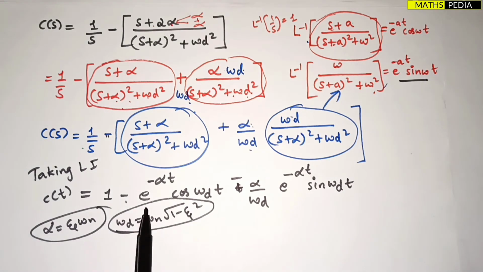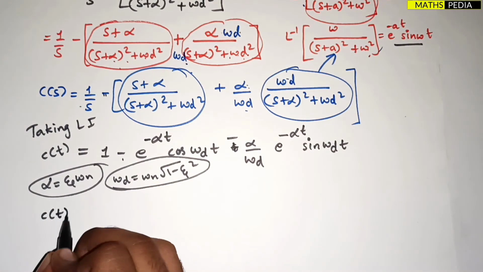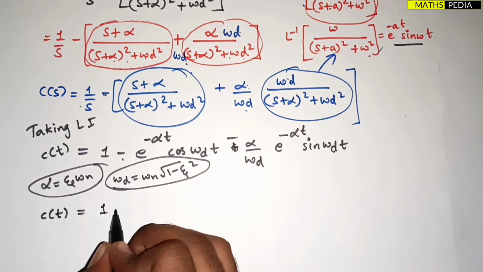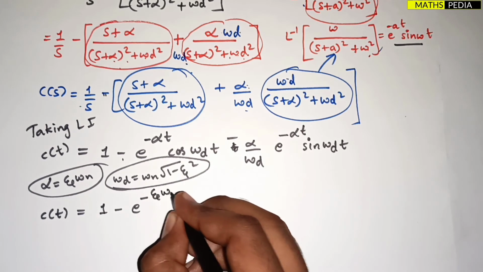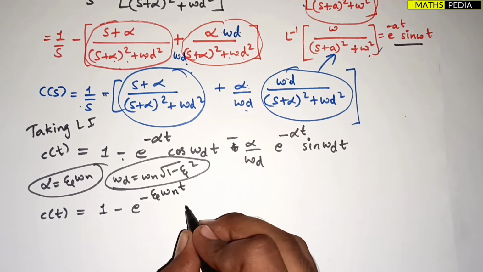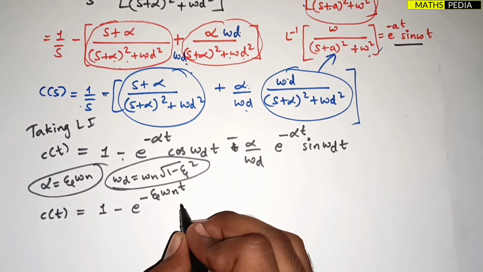That means wherever you find alpha, you have to replace with zeta omega n, and wherever you find omega d, I have to replace with omega n into under root of 1 minus zeta square. So what will happen? C of t will become 1 minus e power minus zeta omega n t, then cos omega d t, correct? So this will become what?